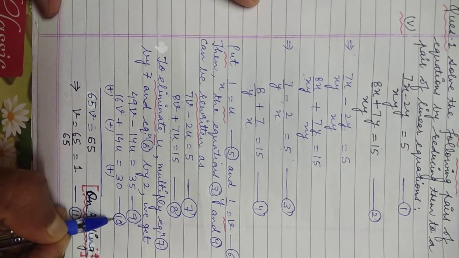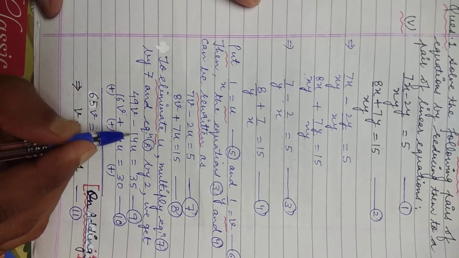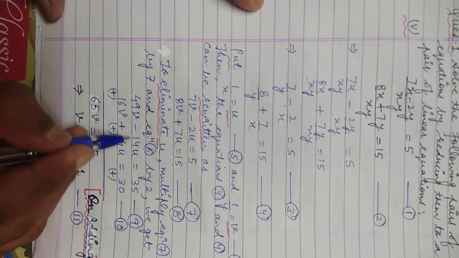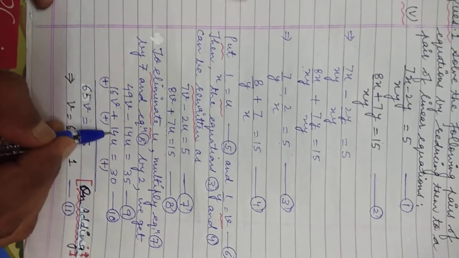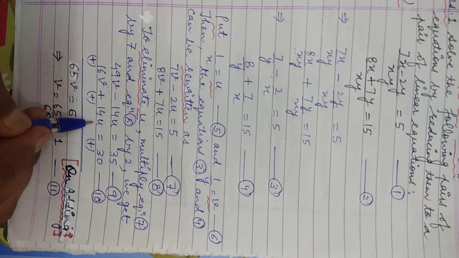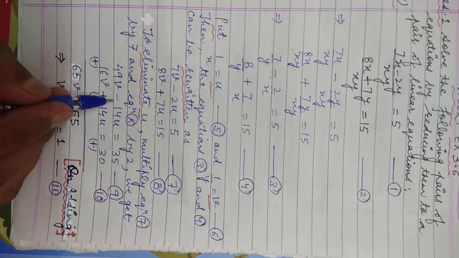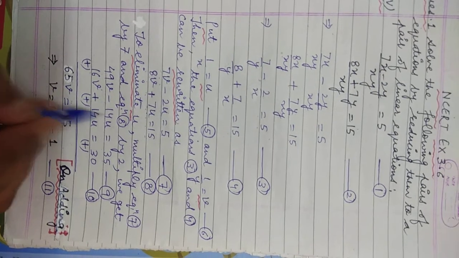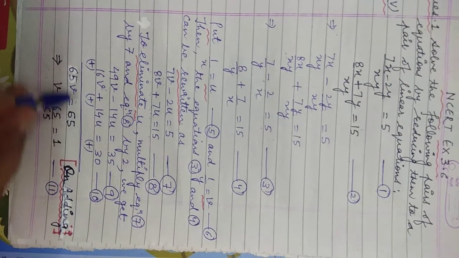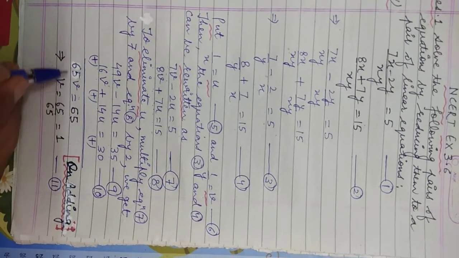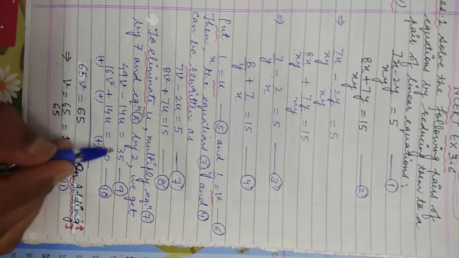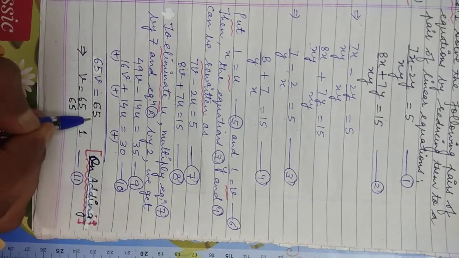Let it be equation number 10. So in this case you see that we got minus 14u and plus 14u. The coefficient of u is the same, but with different sign. So on adding both the equations, these will be cancelled out, and 49v plus 16v will give you 65v, and 35 plus 30 will give you 65.